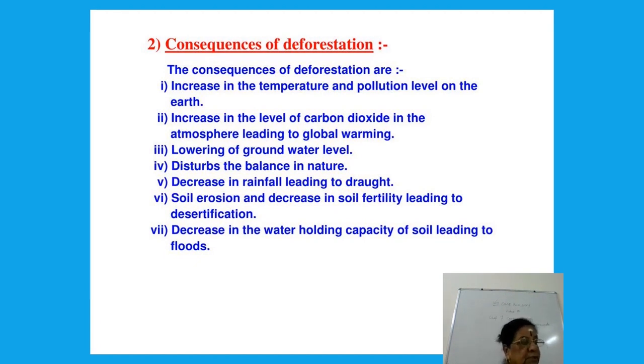Deforestation also leads to a decrease in the water holding capacity of the soil and in the movement of water from the soil surface to the ground. That is, the infiltration rate is reduced. So there are floods.